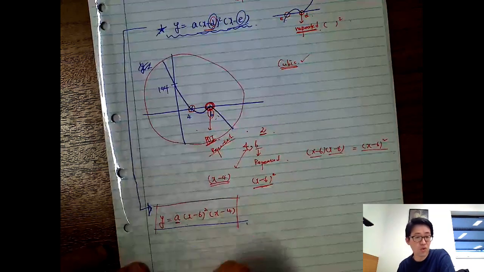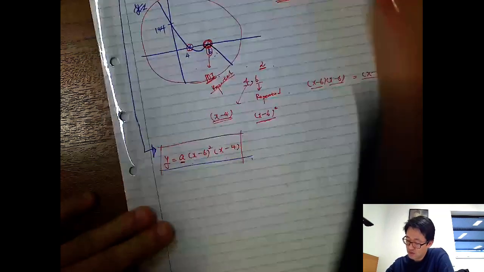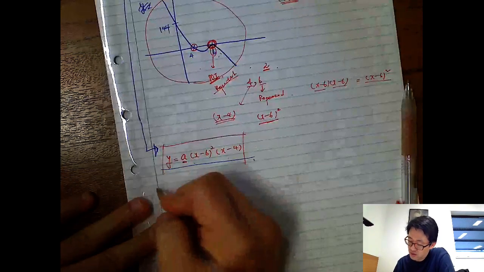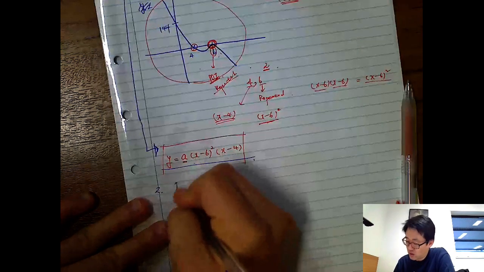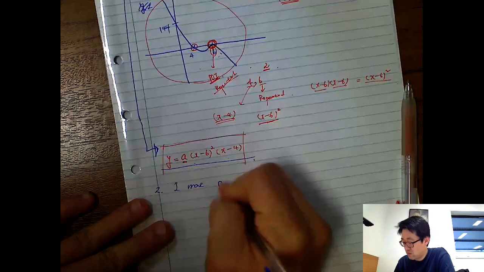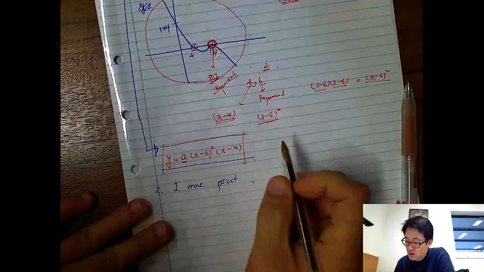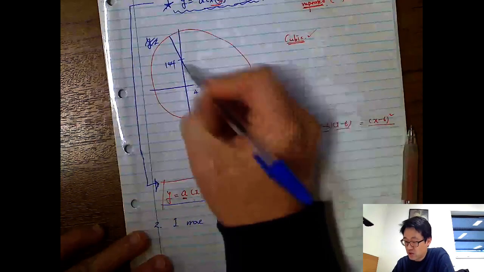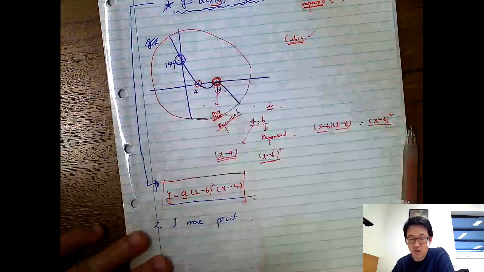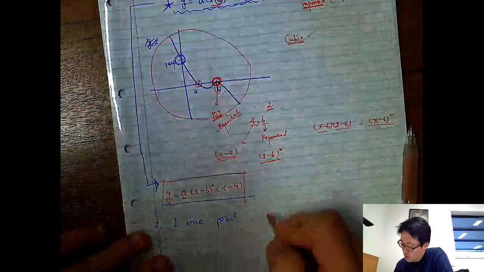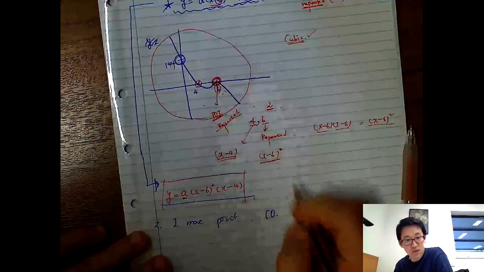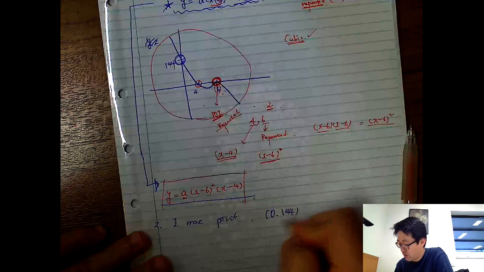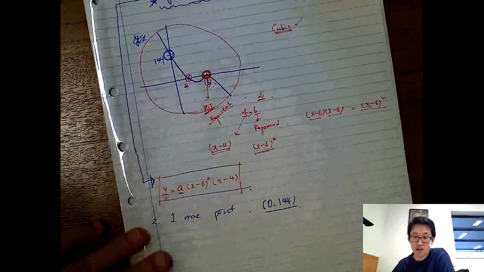However, we still don't know what A is. Therefore, we need second information. We need one more point. Do we have another point? Here we go. I know the y-intercept. When x is 0, y equals 144. Let's plug that in.